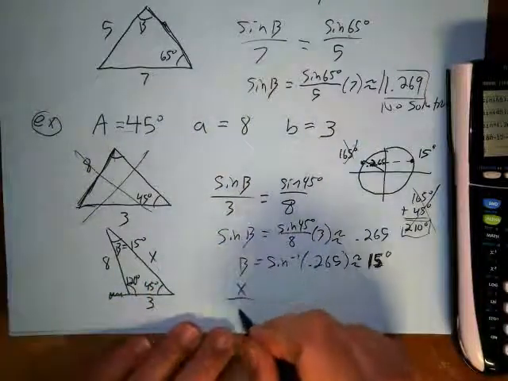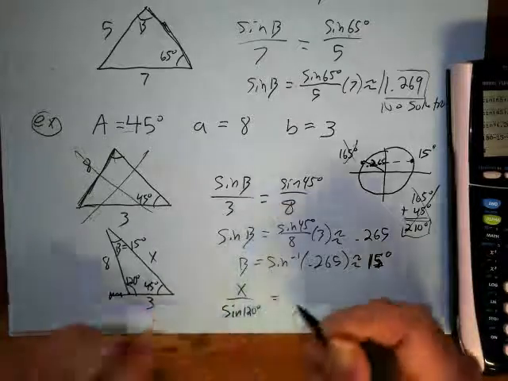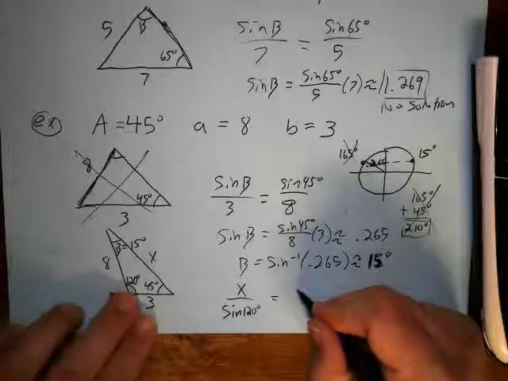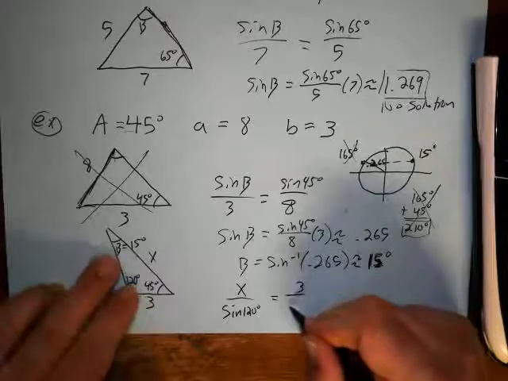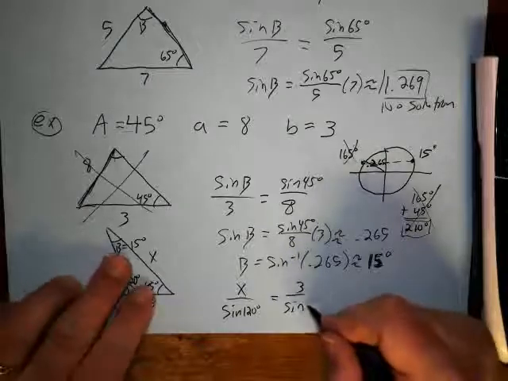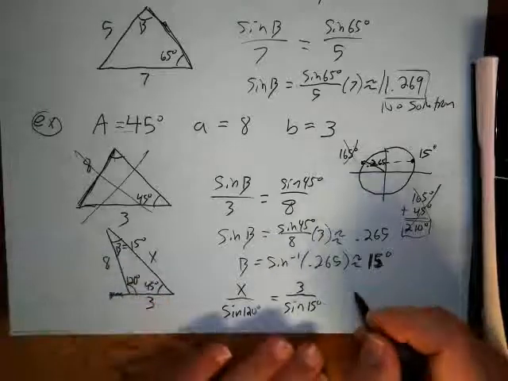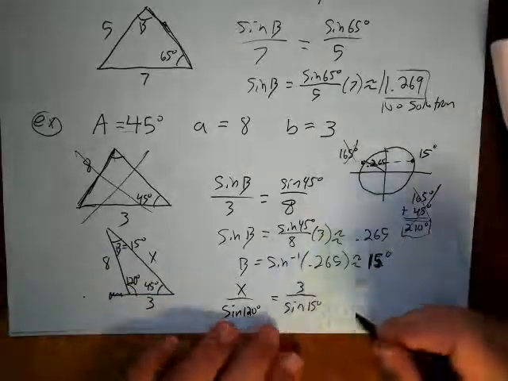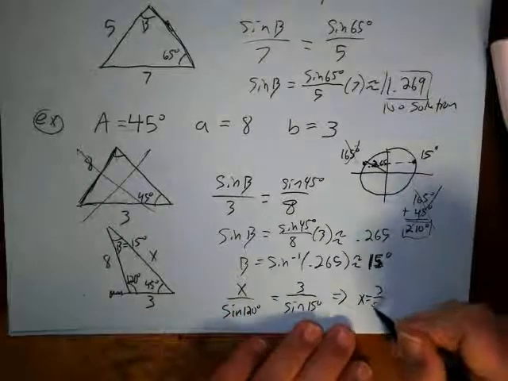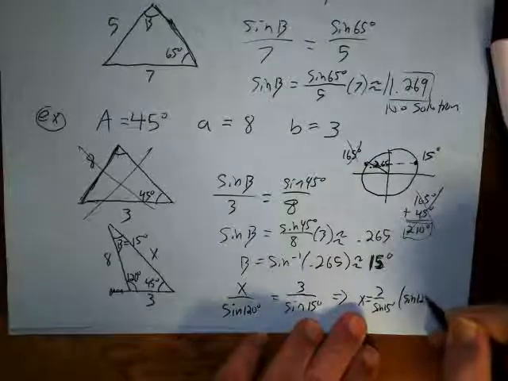So I get x is to the sine of 120 degrees as 3 is to the sine of 15 degrees, we'll say. Or I could have used the other, 8 is to the 45 degrees. It doesn't matter. So this would be x is equal to 3 over sine of 15 degrees times sine of 120 degrees.